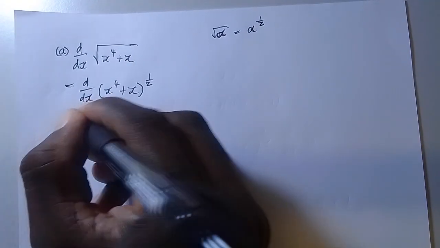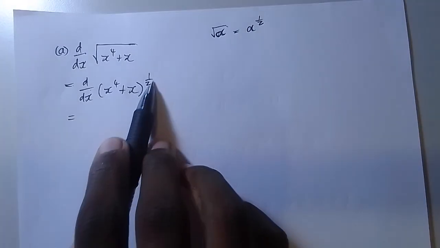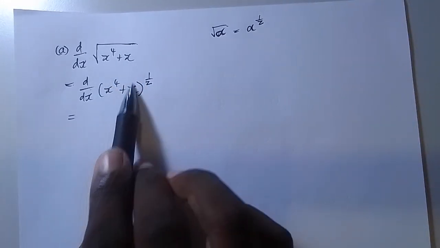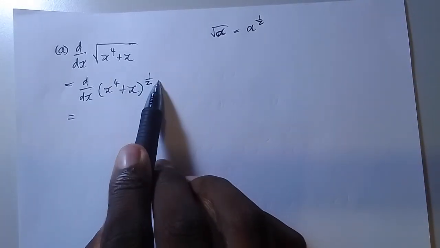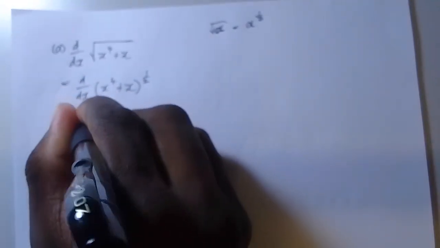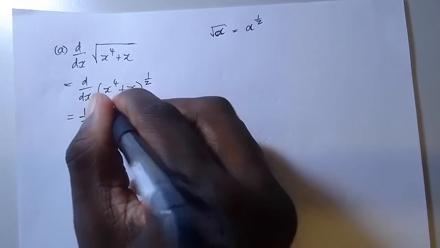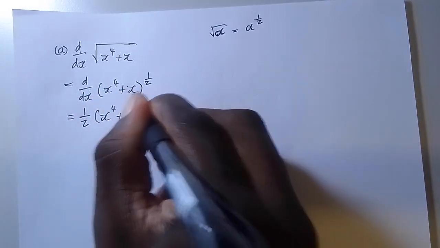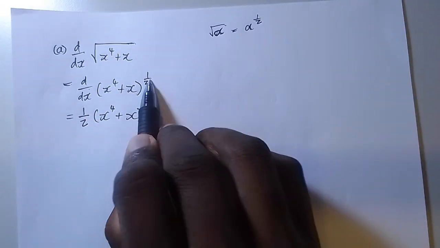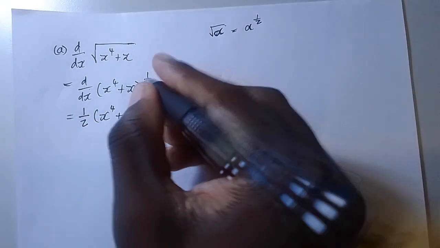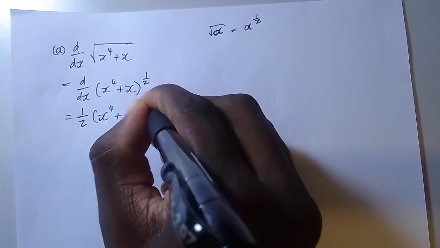And then when we differentiate, we do this. We say the outside function is something to the power of 1 over 2. So the derivative of the outside function would be found using the power rule, which would give us 1 over 2 multiplied by the inside function x to the fourth plus x to the power of, we say, this exponent minus 1, which will give us negative 1 over 2.